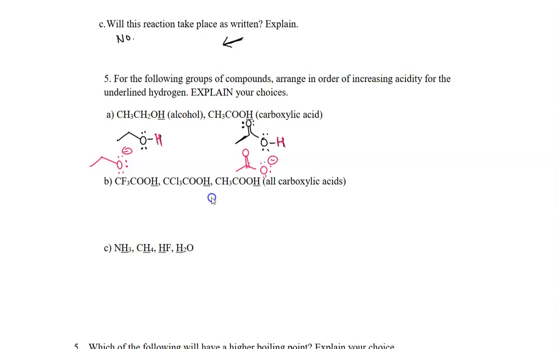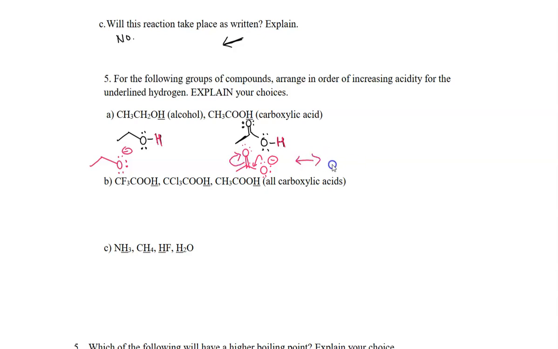In both cases, oxygen now has a negative charge. But in the molecule on the right side, your carboxylic acid, after the removal of the proton, the conjugate base can be stabilized by resonance, because this pair of electrons can go over here, and then this pair of electrons can go over here.